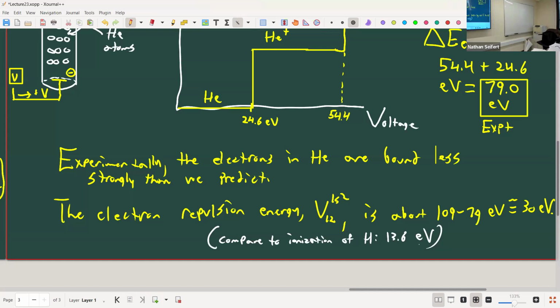However, that's not to say that we're doing that badly. We're not doing terribly. We're still within a factor of 2. That's not too bad. I'm sure you have done chemistry labs where you've gotten numbers that are way off by a factor of 2, including in this course. So we're doing pretty well for a really naive approximation, but that's not what this class is for.